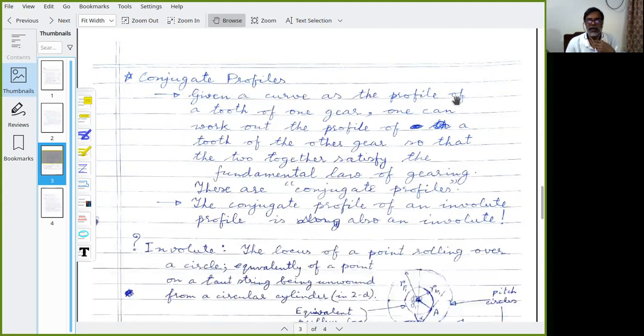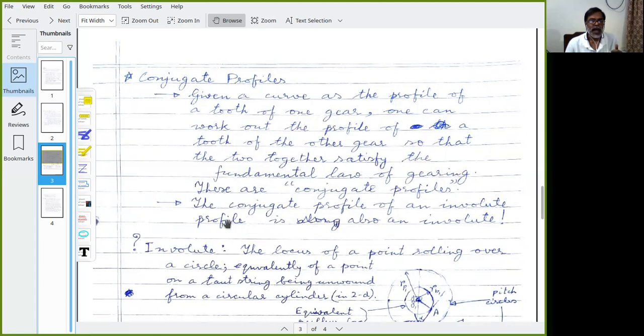Given a curve as the profile of a tooth of one gear, you can work out the profile of a tooth of the other gear so that the two together satisfy this common normal condition. Okay? This fundamental law of gearing. And then these two will be conjugate to each other. These two profiles will be conjugate to each other, and they will together produce a conjugate action.